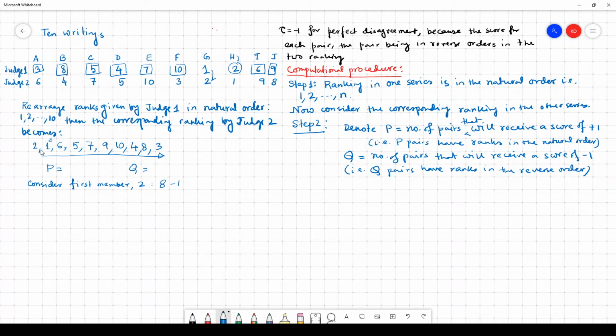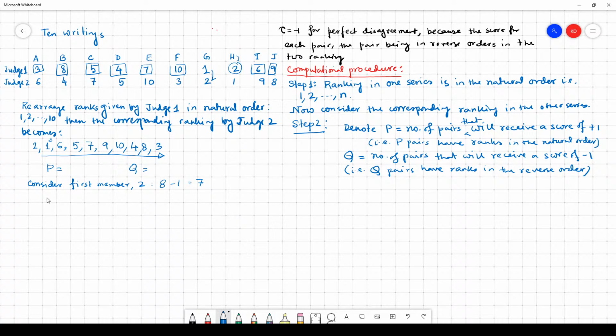For the other pairs 2, 6, 2, 5, 2, 7, 2, 9, 2, 10, 2, 4, 2, 8, 2, 3, for all the pairs except 2, 1, it takes plus 1. That means there are 8 such pairs. So there are 8 plus 1. So it takes 8 minus 1 for the first member 2. So that is 7.